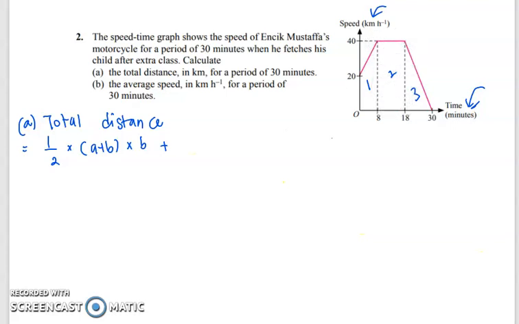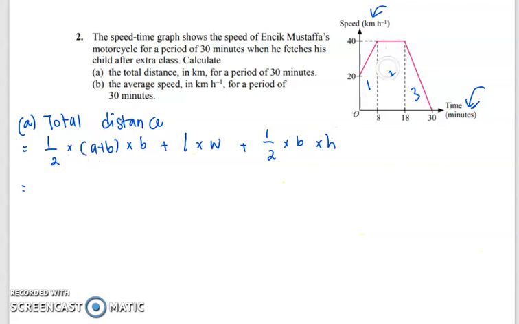So the area of a rectangle is length times width, plus next is a triangle. So the formula for area of triangle is 1 over 2 times base times height. Right?